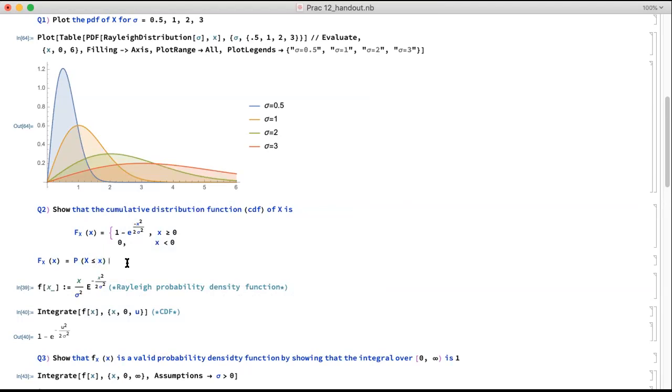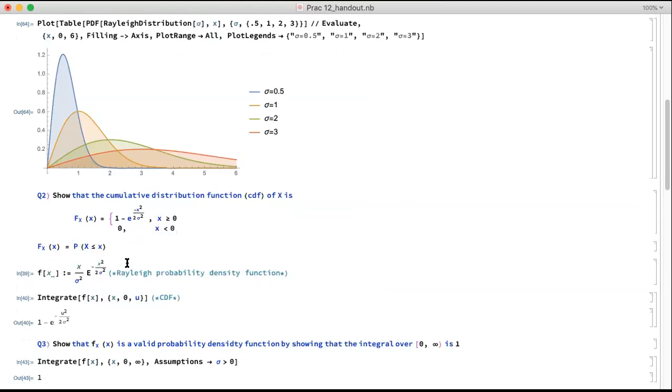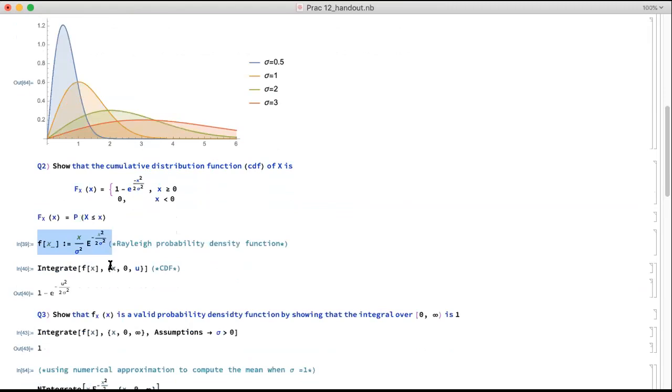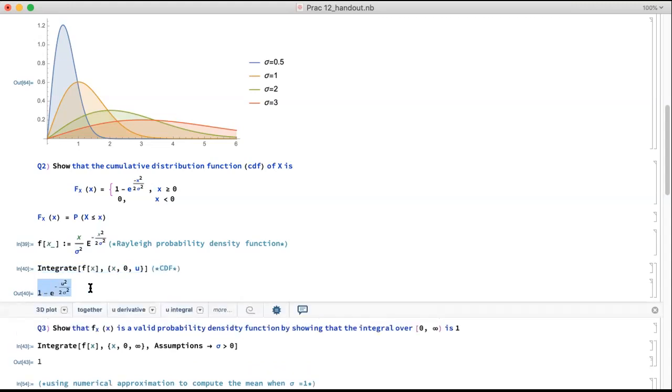You should be able to compute this by hand, but I have given here using Mathematica code what you should be getting. If you use Mathematica, you could code it like this: integrate f of x between 0 to u. Here I said u, but that doesn't really matter. So you get this expression.